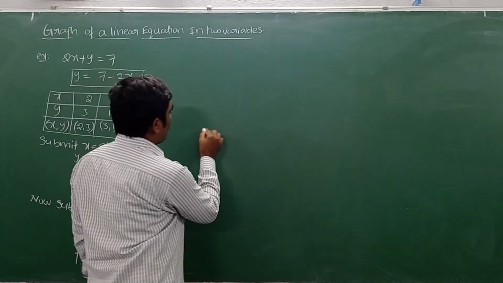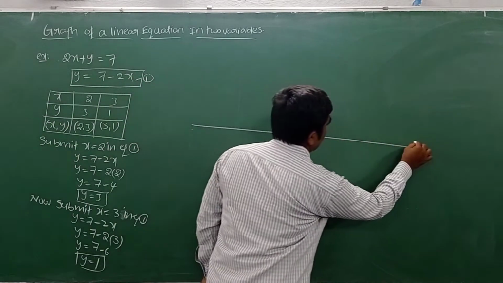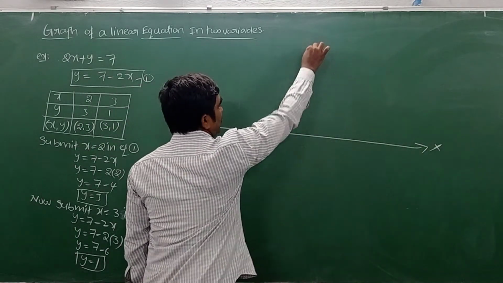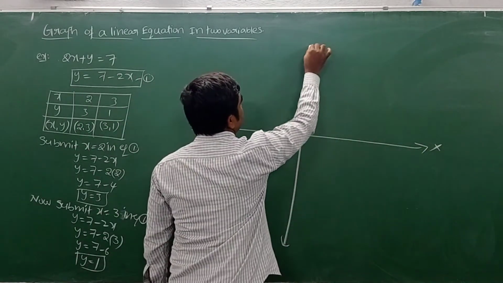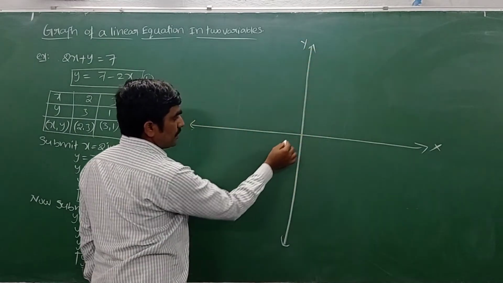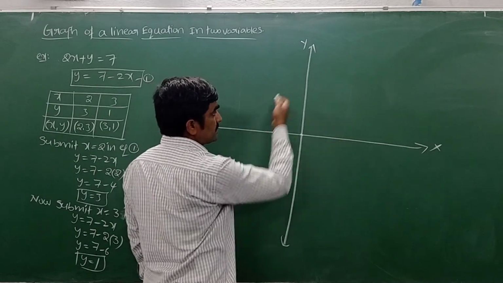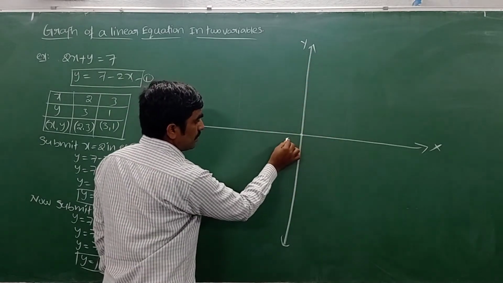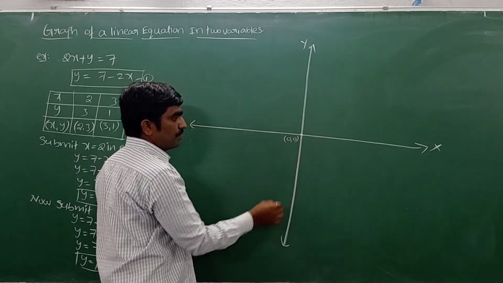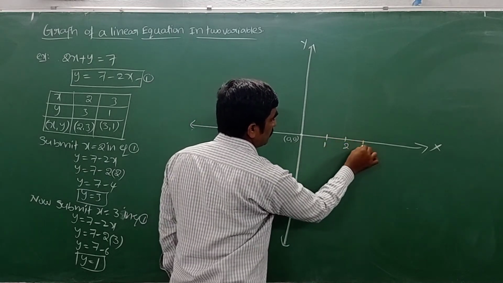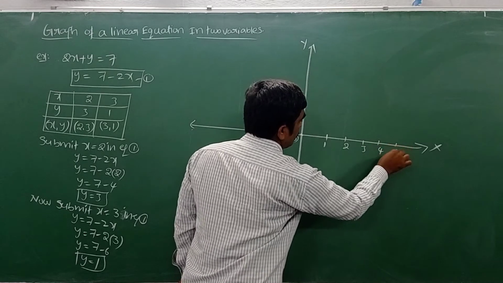Let me take one horizontal line. The horizontal line is called the x-axis and the vertical line is called the y-axis. The intersecting point of the x-axis and y-axis is called the origin, which is denoted by (0, 0). The right side of the x-axis takes positive values 1, 2, 3, 4, 5.